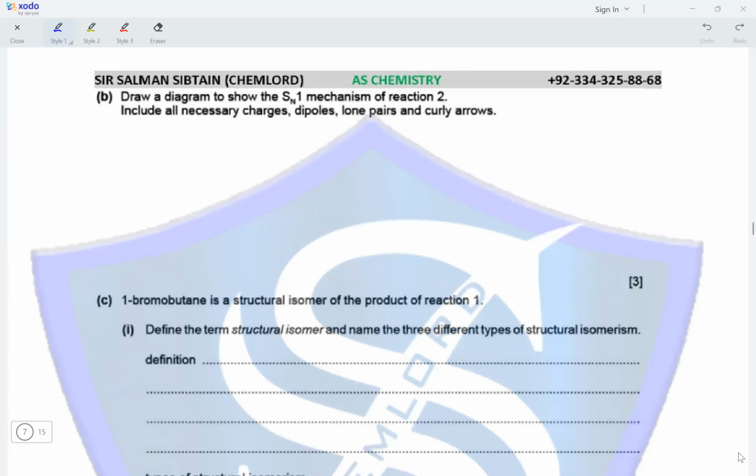Draw a diagram to show the SN1 mechanism of reaction 2. So this will be carried out in two steps. In step 1, we will have the tertiary halogenoalkane having 3 CH3 groups undergoing heterolytic fission.